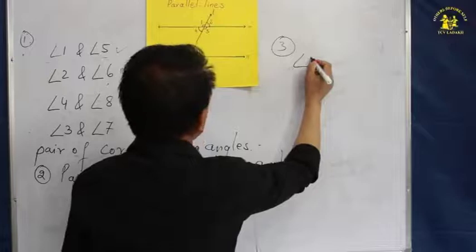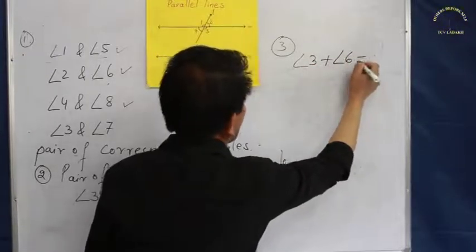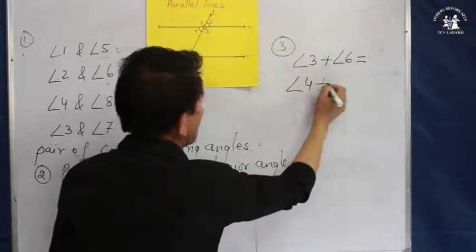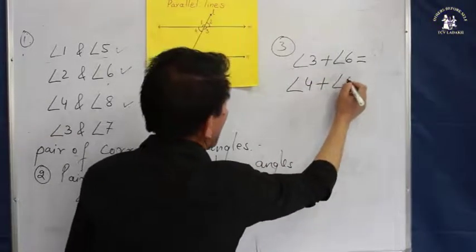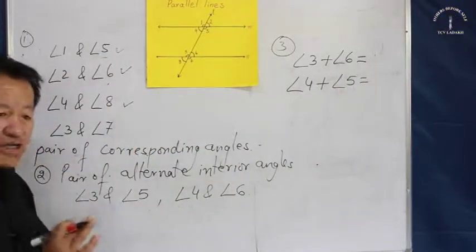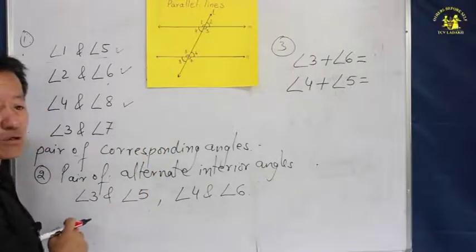If we add angle 3 and angle 6, you get a result. Similarly, if you add angle 4 and angle 5, you get another result. You will get the same result provided these two given lines are parallel to each other.